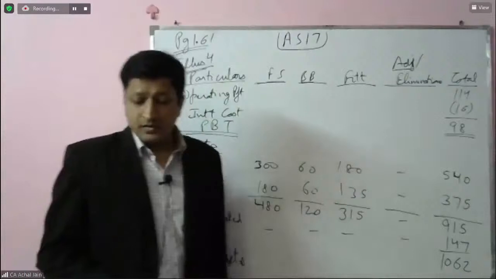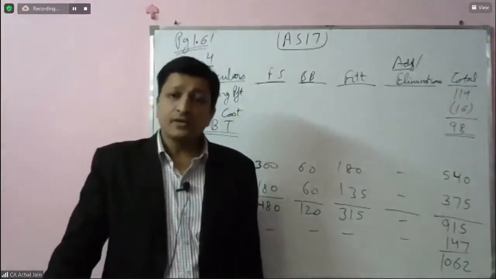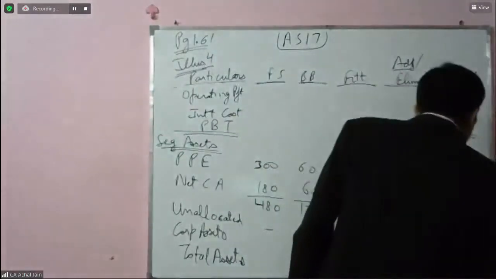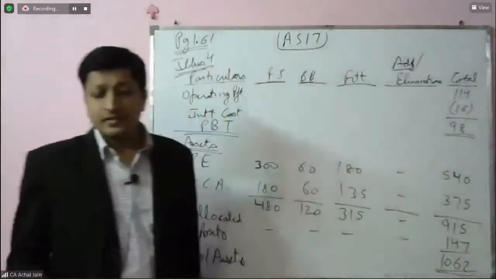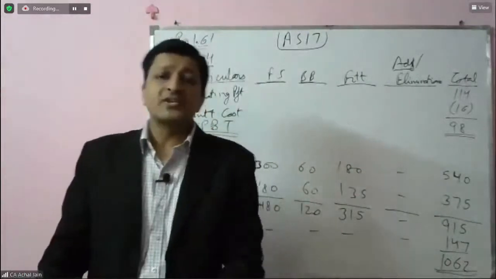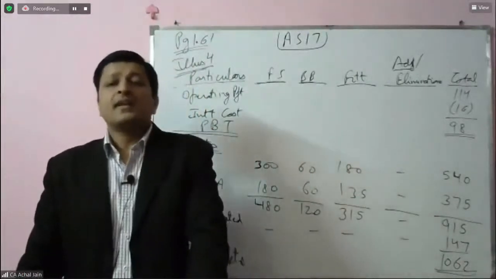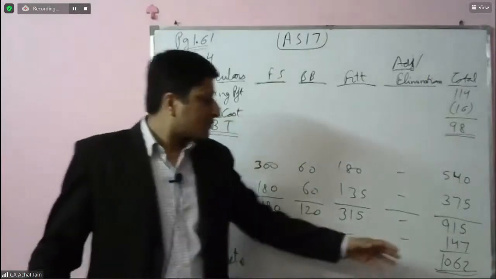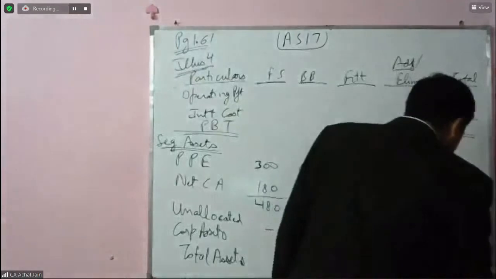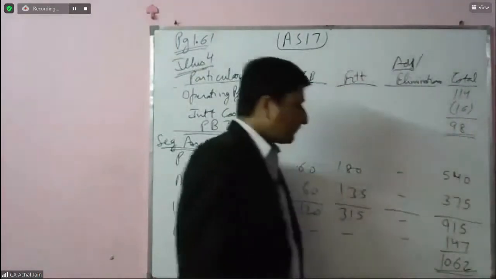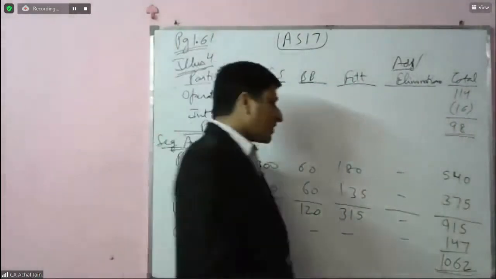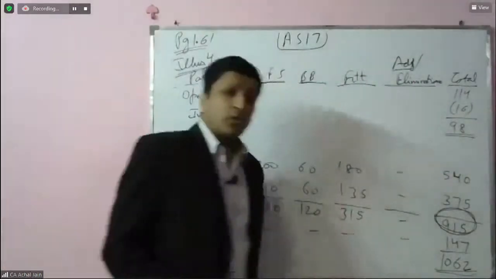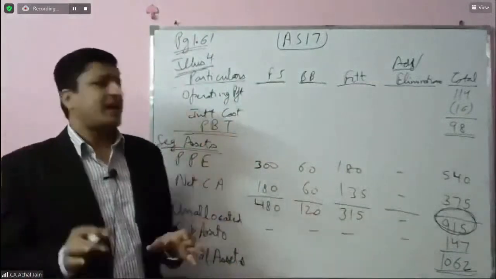Okay. 1062. Now this is the number 1062, which will match with the balance sheet. Remember the reconciliation with the balance sheet with the P&L is required to be given. Remember that reconciliation? So this is what this reconciliation is like. If you put down the information up to this point only, there's no doubt that the segment information you have given is correct.